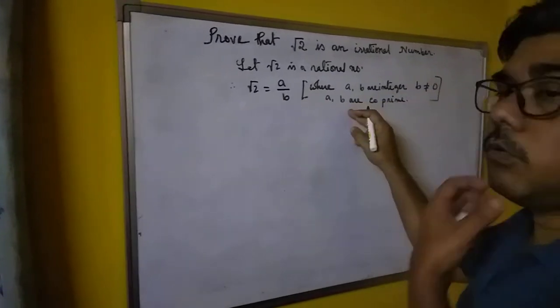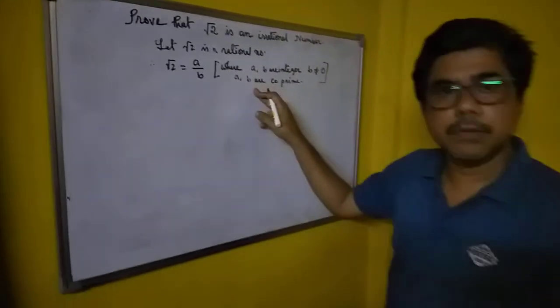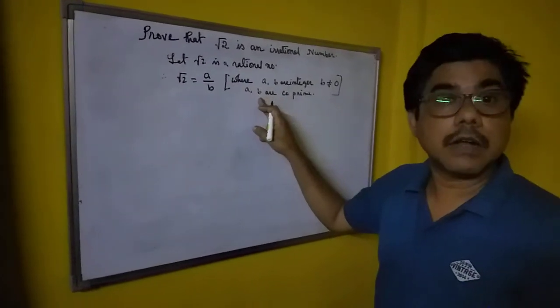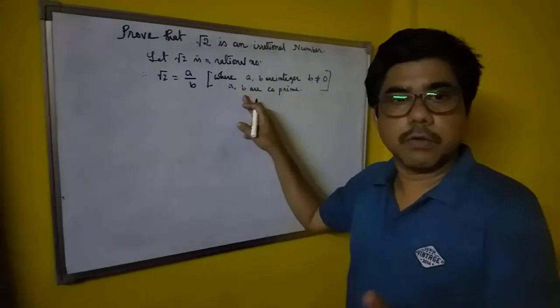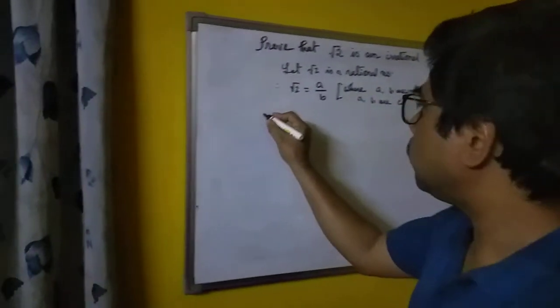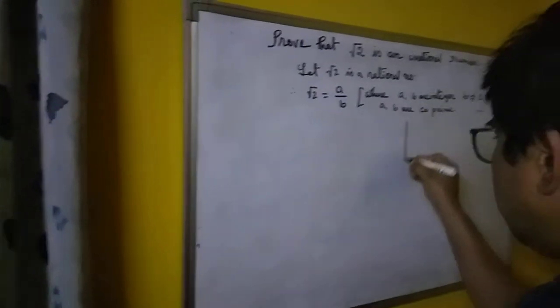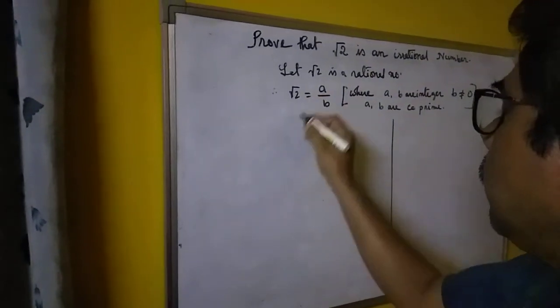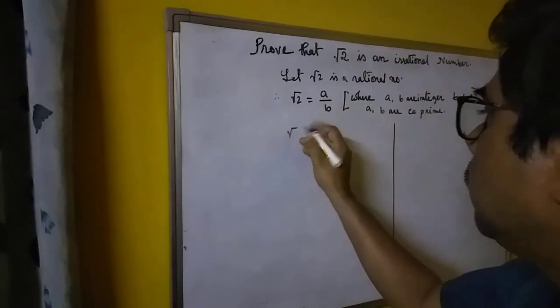Co-prime, we have already done in an earlier sum, means it does not have a common factor other than 1; 1 is the only common factor. Now next, what will we do? Squaring both sides. What will we get?